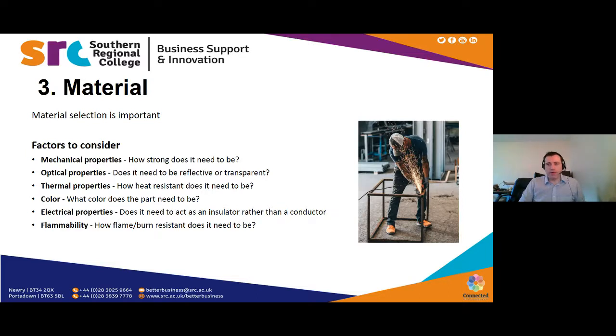There are other companies I could give examples of, and to be honest, we work with a lot of SMEs in the business support department, and I would try to bring this approach into all my designs and all the companies I've worked with.